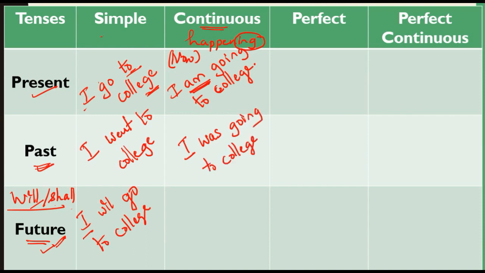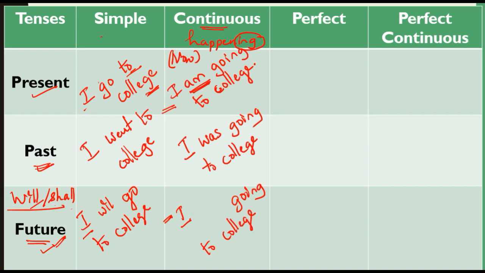When? Then. A particular moment in the past. That moment could be any moment for that matter. So how am I going to convert this to future continuous tense? I've already told you, you should always look at the present tense pattern to convert the sentence to future, which will be very, very easy. So first keep I as I, going also as going, to college as usual, which will not change in any tense for sure.